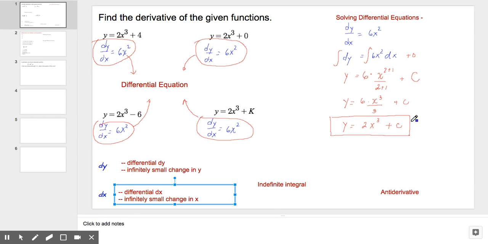So we call this the solution to the differential equation. And because it's not a specific equation, we call this the general solution to the differential equation.